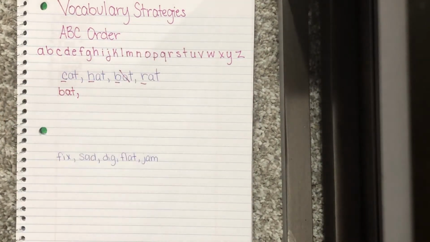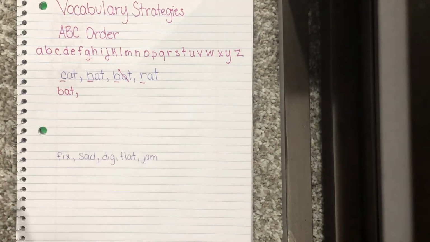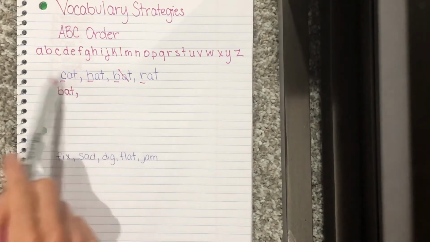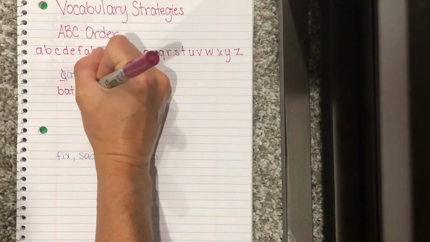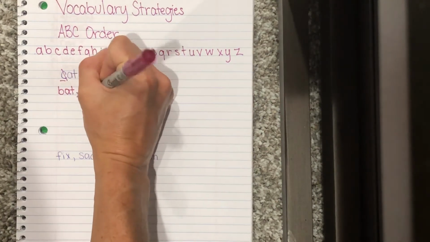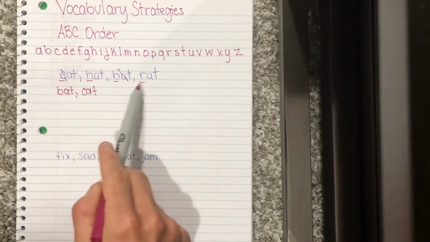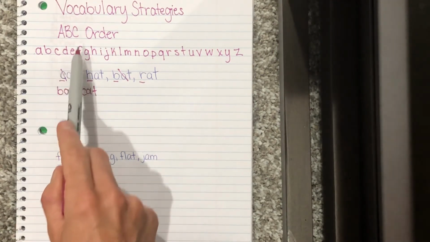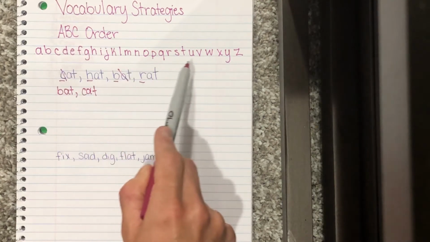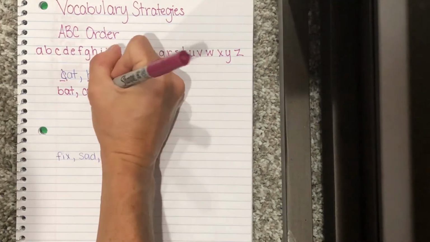Which word would go next? Which one comes next in the alphabet? Just looking at the first letter. I know that C comes right after B, so I'm going to write cat next. If I'm going through the alphabet in my head, or if I have an alphabet strip right in front of me, I know that H comes next.